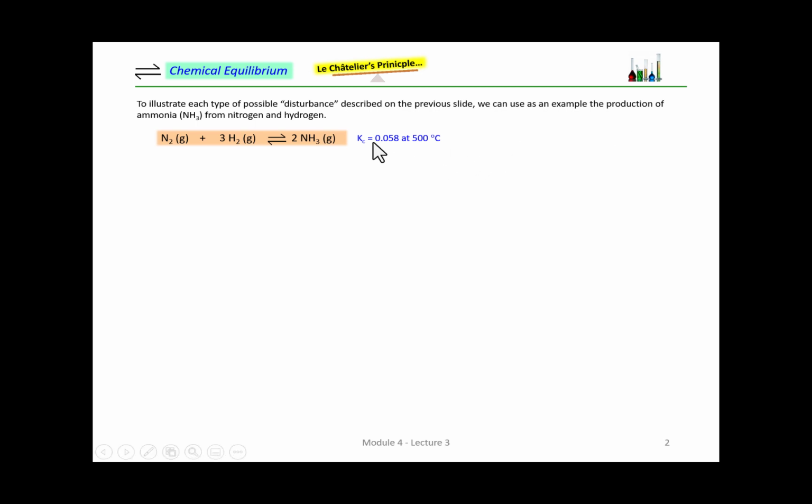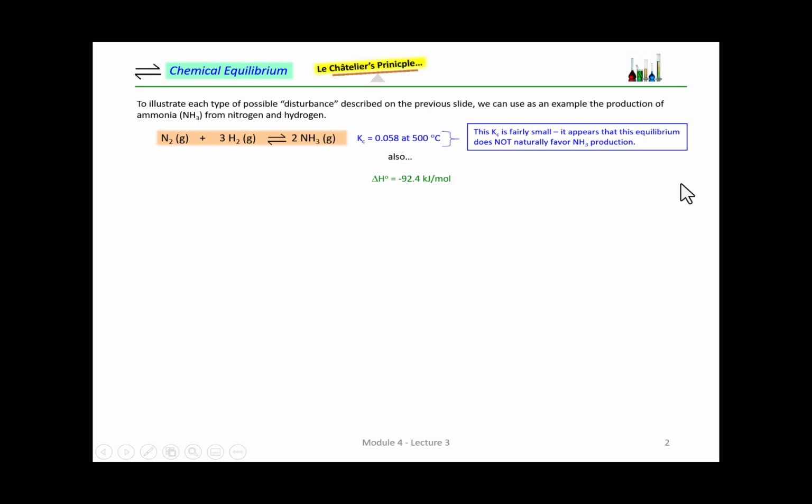It's 0.058 at 500 degrees C. You should note that this Kc value is rather small, which means that this equilibrium does not naturally favor production of ammonia, because remember, if the equilibrium constant is small, that means the equilibrium is reactant favored. So when this reaches equilibrium, there's not going to be a great deal of ammonia. We're going to have to deal with that later.